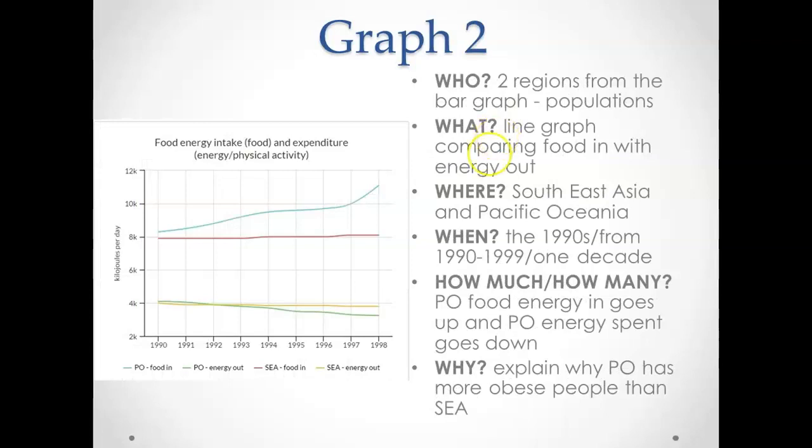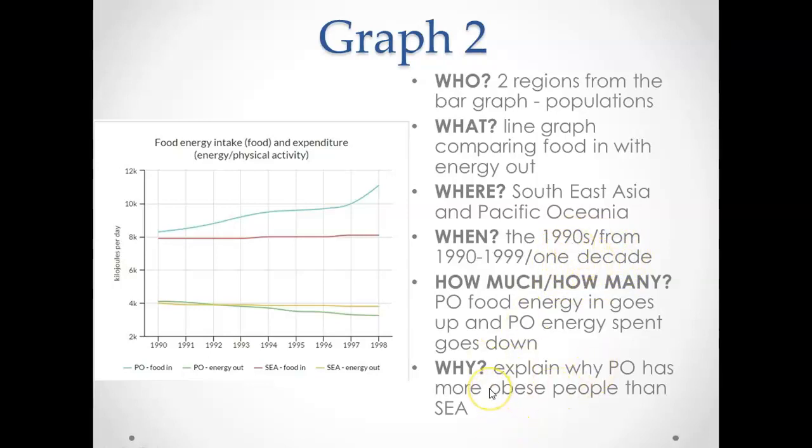What about graph 2? It's a line graph comparing food in with energy out of the body. We already discussed where. Let's have a look at how I paraphrase the when. You could say the 1990s, from 1990 to 1999, or you could say 1 decade.